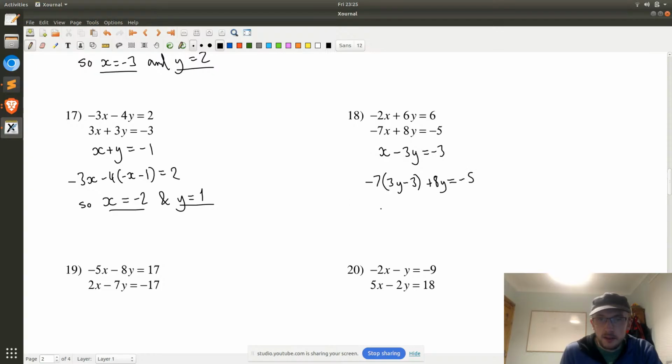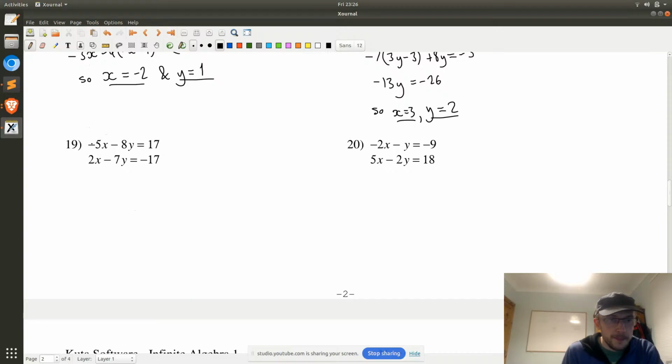And minus 13y minus 26. So y is 2. And how about x? Well, that'll be 3.